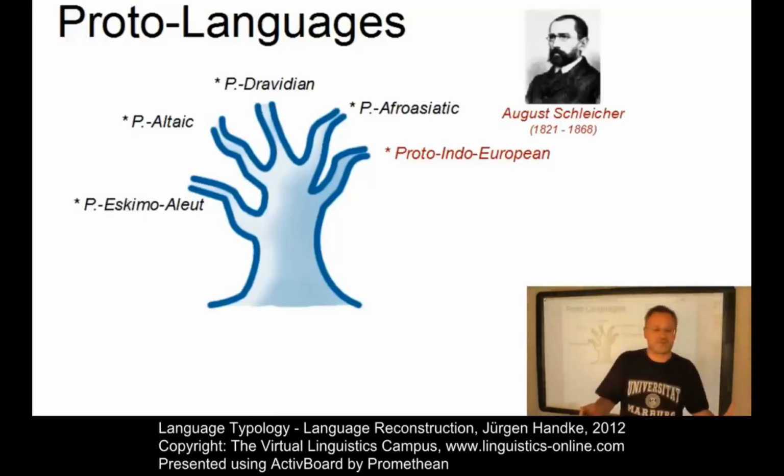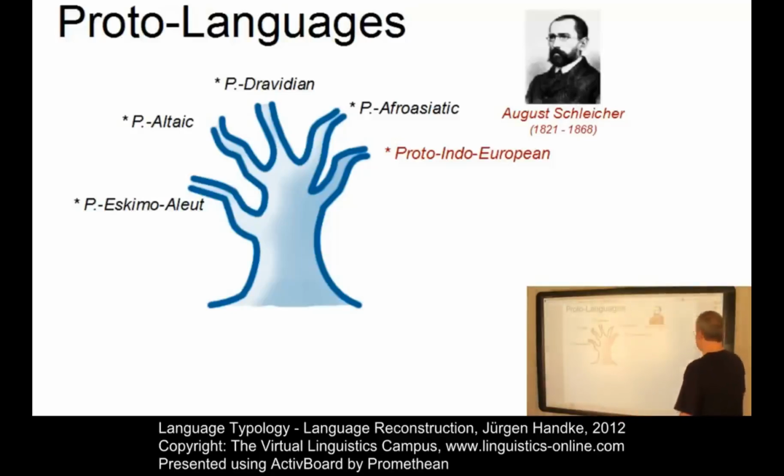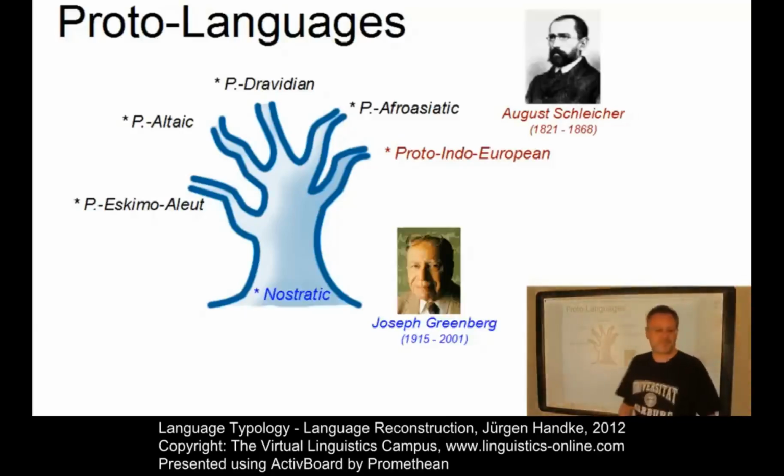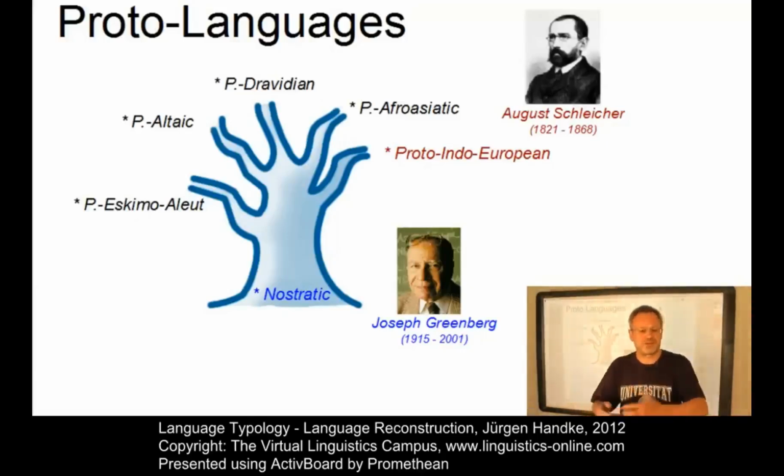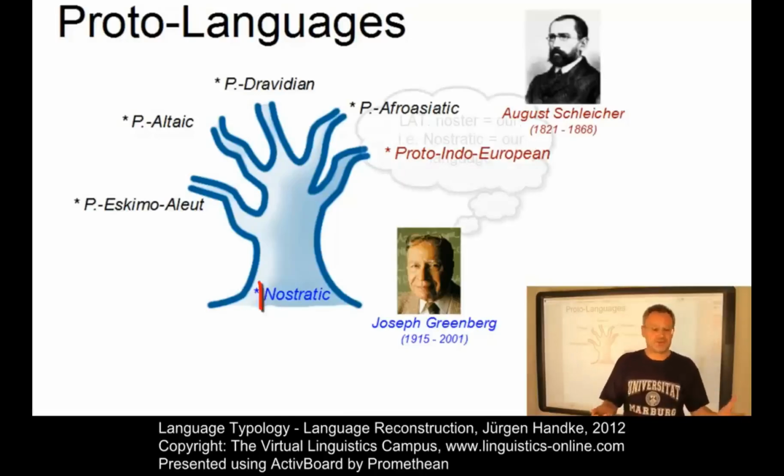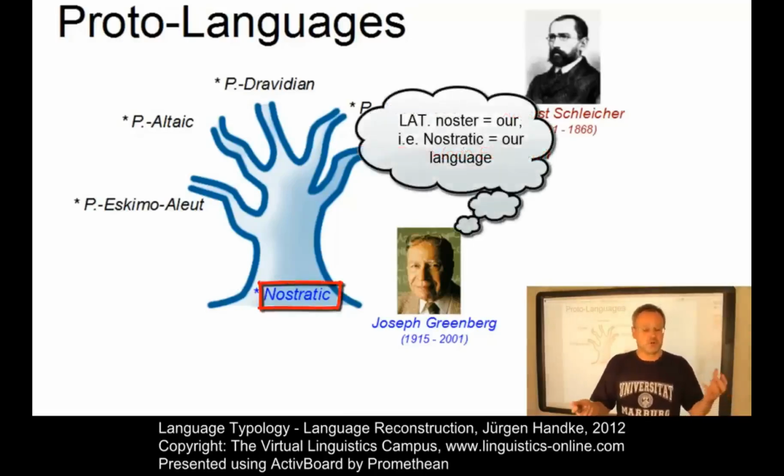Some linguists, among them, for example, Joseph Greenberg, and a number of Russian linguists, discerned similarities among these proto-languages, such as Indo-European, Afro-Asiatic and the others, and postulated a common ancestor to all these languages, which he called Nostratic.